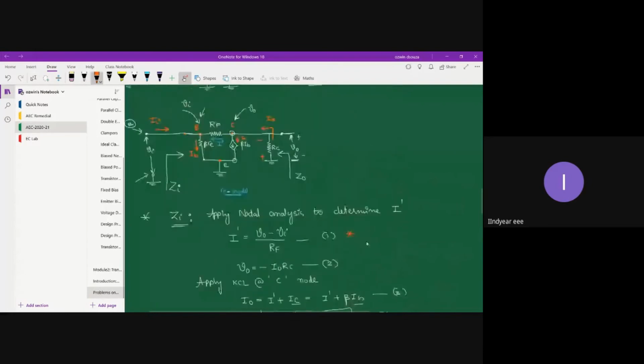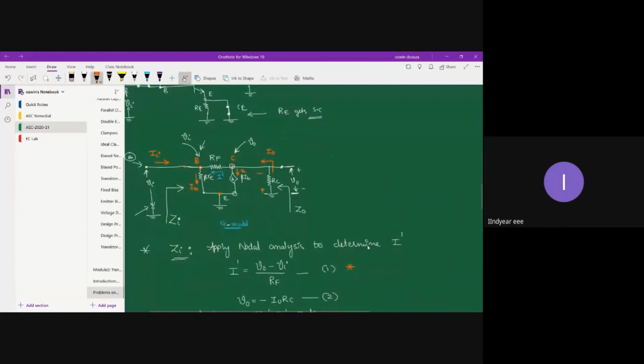Here the whole idea is to start from the output side. The algorithm for solving this amplifier circuit is: start from the output and write down I dash equals IC plus I naught.